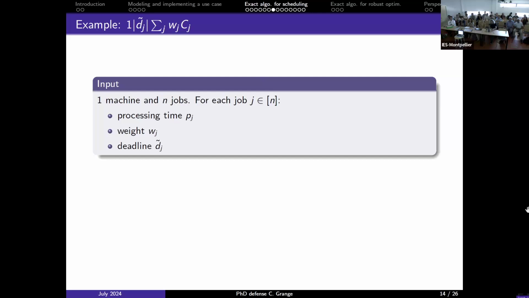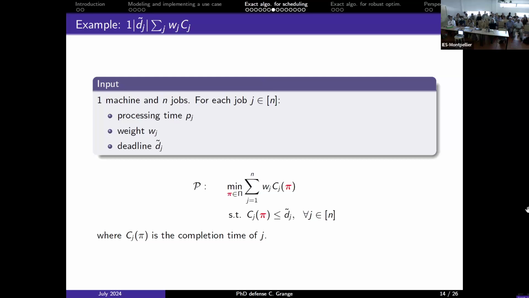If the completion time of the job is larger than the deadline, then we say that the solution is infeasible. So we want the completion time to be smaller than the deadline. So the problem is the following: we want to minimize the weighted sum of completion times, and we want to satisfy the constraints of the deadlines.